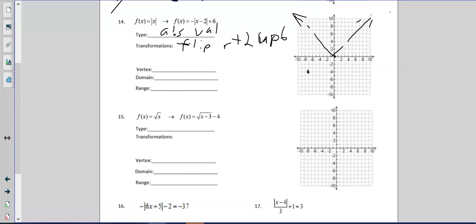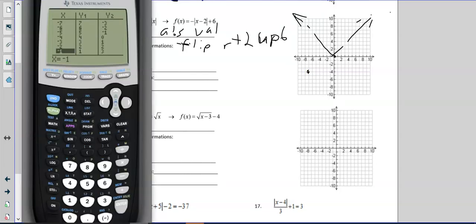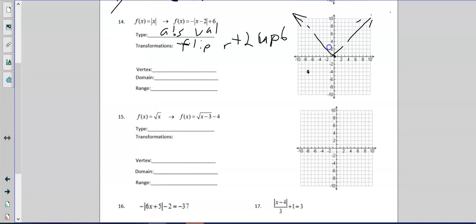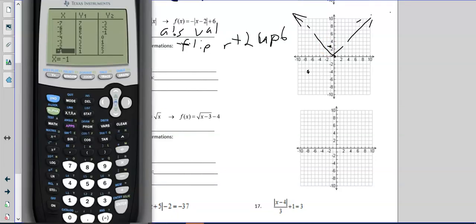Right there. I'm just going to kind of skip and get a few different points. -1, +3. We're going to get both sides of it. 2, 6.